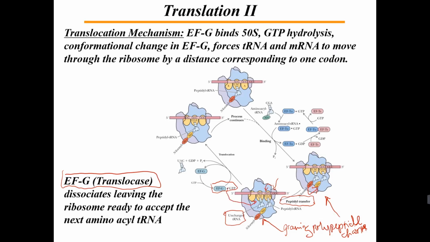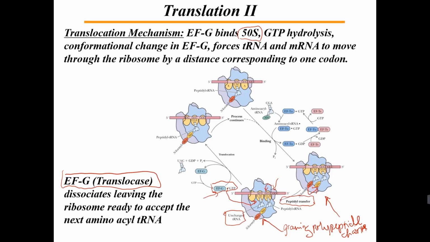Okay, and the stimulation of GTP hydrolysis by EFG causes a conformational change in this protein, and it forces the tRNA and the mRNA to move through the ribosome by a distance corresponding to one codon. So we need the EFG bound to GTP to bind the 50S subunit. We need GTP hydrolysis to cause that conformational change, which then actually translocates the tRNA and the mRNA to move through the ribosome that corresponds to one codon.